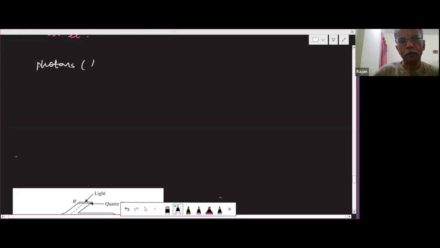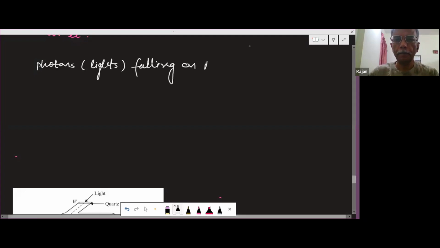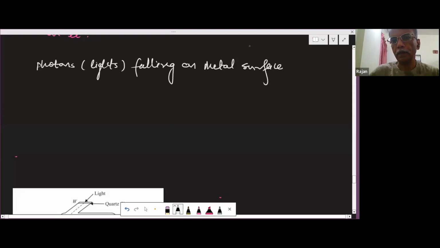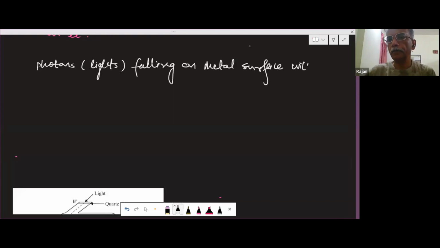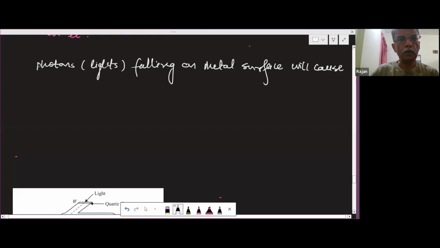Photons, that is the light falling on the metal surface, will cause the free electrons of the metal to come out.